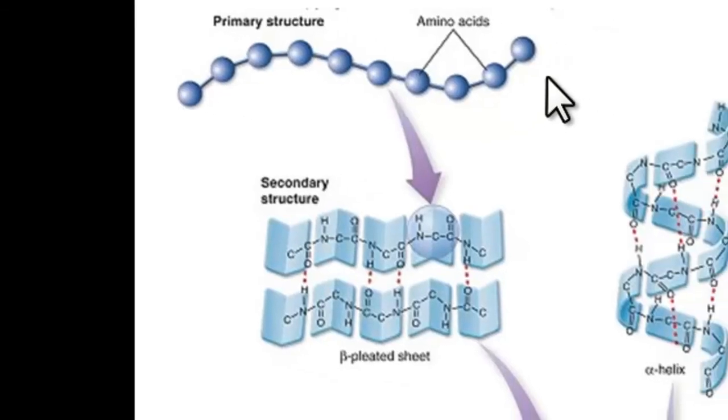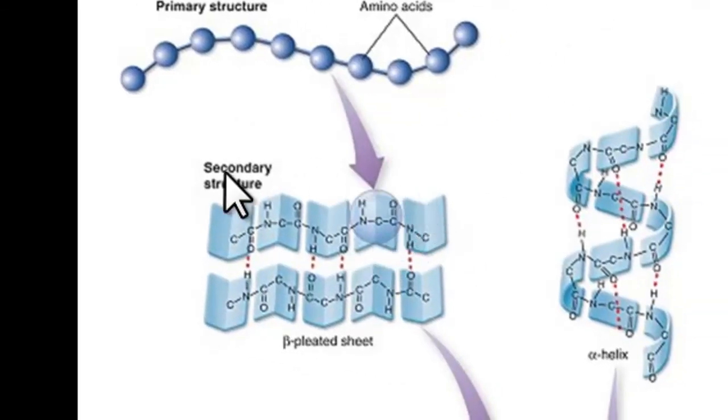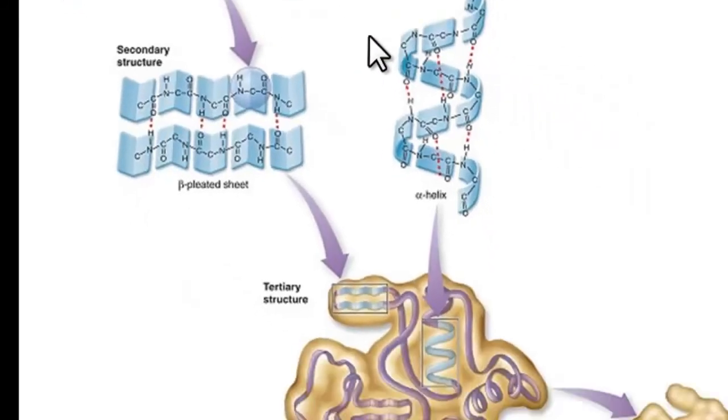That's our primary structure. Our secondary structure is the folding in beta-pleated sheets, or the coiling in alpha helixes, of this primary structure. So we get this long line of amino acids and either fold it up or coil it, and that's done by regular hydrogen bonds in between this strand in the primary structure.